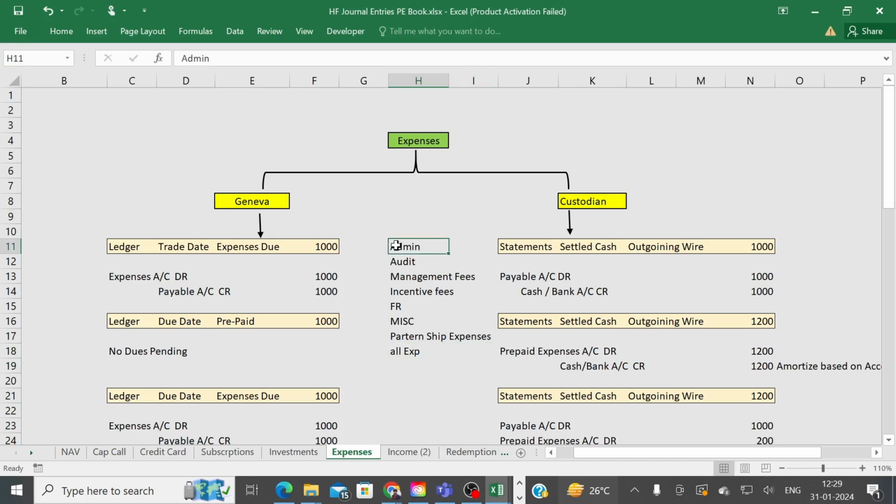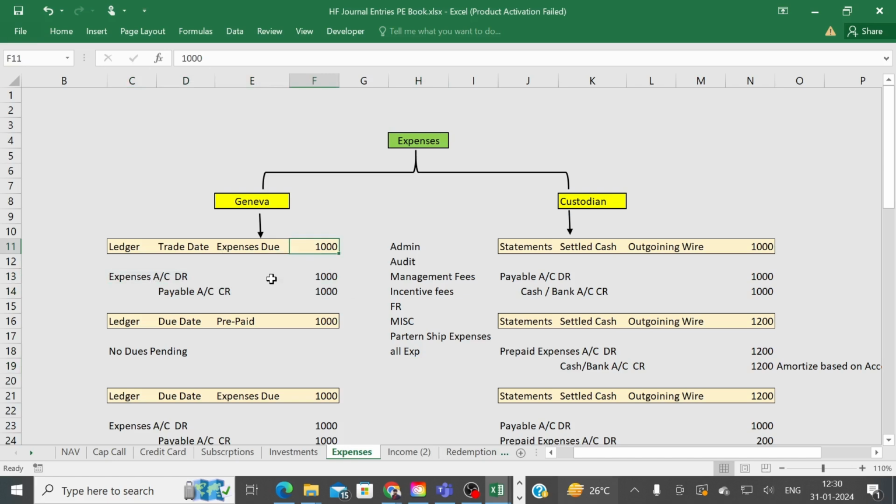If the expenses are due to make a payment to the vendor, then you can record those expenses as a payable, and make sure we always record expenses on the debit side. If the expenses are due, expense account debit to payable account credit, on the due date.